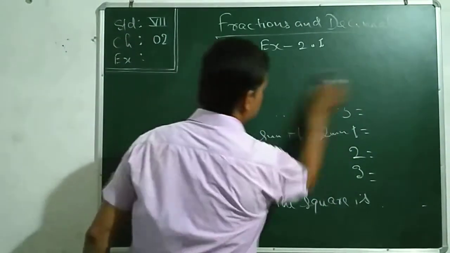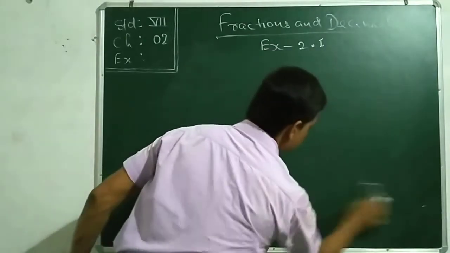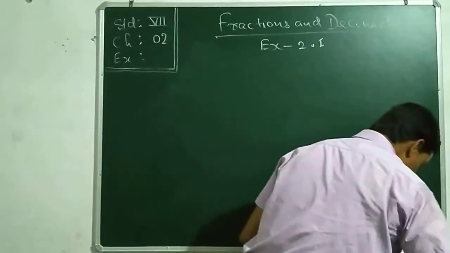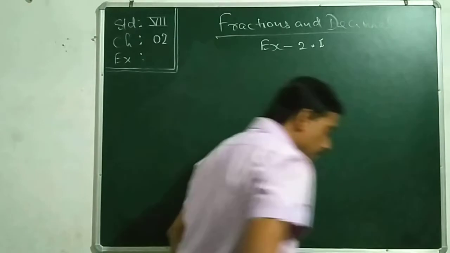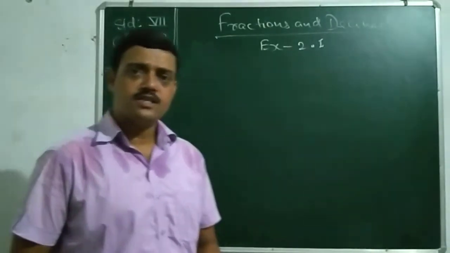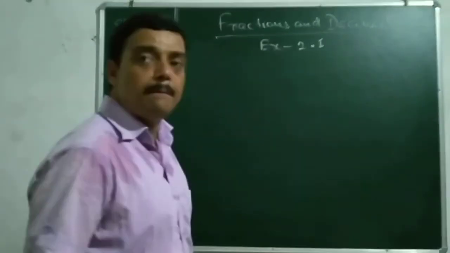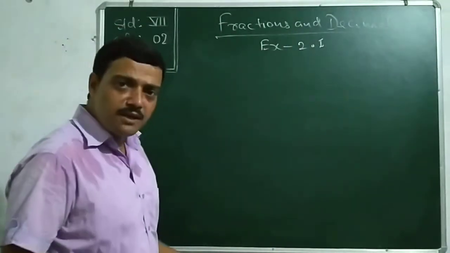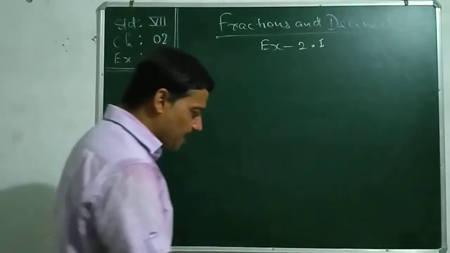In the 4 number sum, the length and breadth of the rectangular sheet of paper is given. We need to find out the perimeter. Very simply put the formula of perimeter and calculate that.